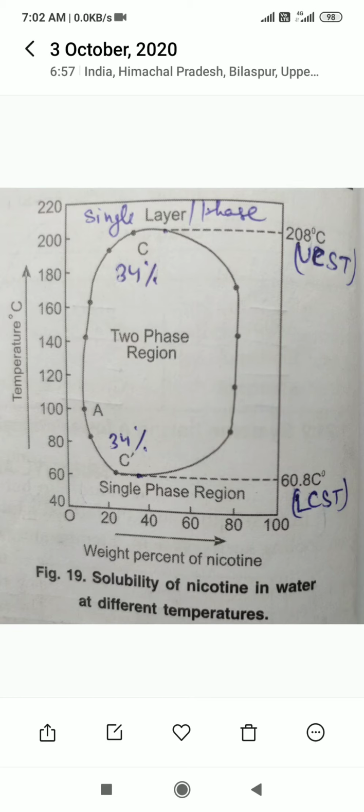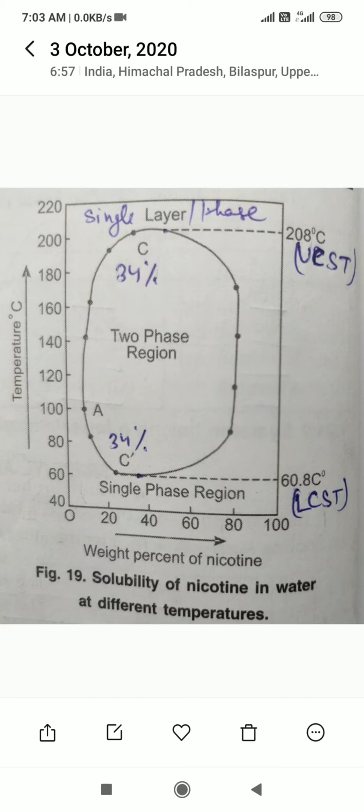Now coming to this diagram, temperature composition diagram, showing solubility of nicotine in water at different temperature, you can call it as temperature composition diagram also. In this diagram I had told you that for a system you have to remember the critical solution temperature as well as its critical composition.